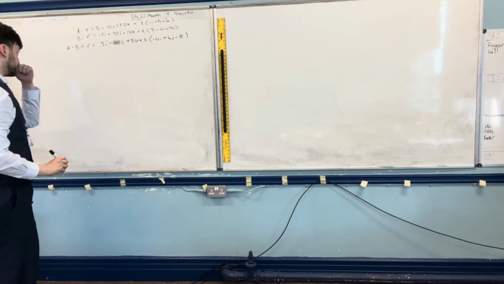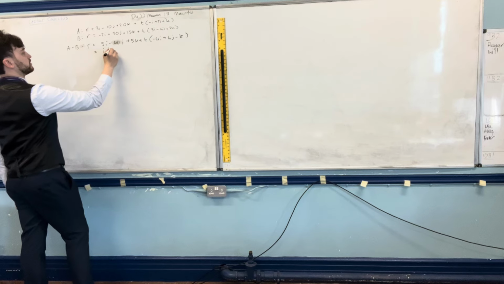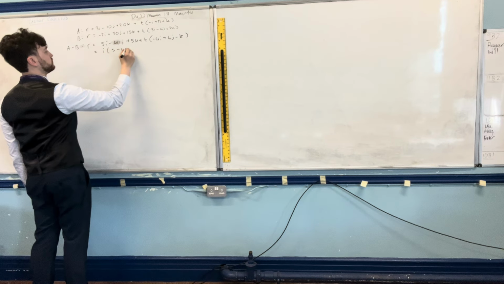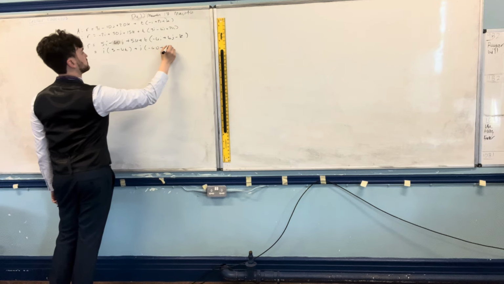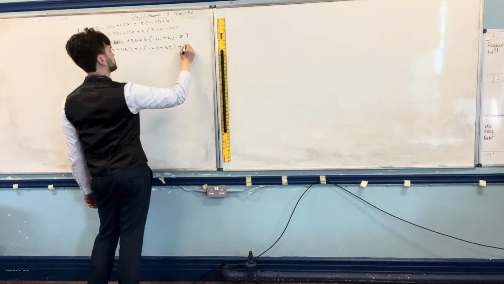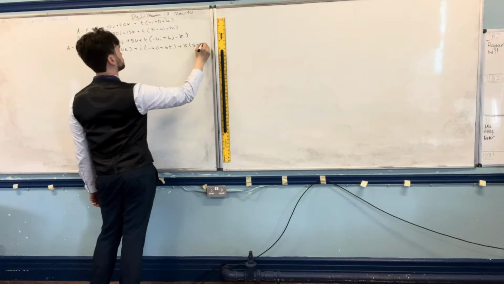And then we need to take the magnitude of this, so I write this as i times 5 minus 4t, plus j times minus 40 plus 6t, plus k times 5 minus t.